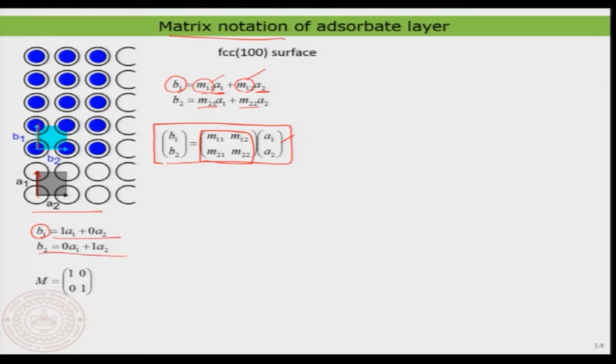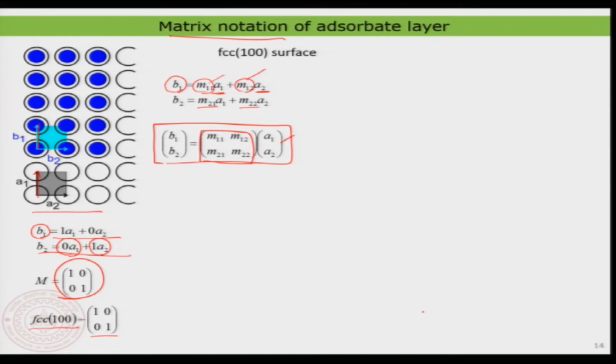And for B2, it is 0 times A1 plus 1 times A2. Now I can write down the matrix as (1 0; 0 1). So the surface can be named as FCC 100, and this is the matrix notation corresponding to this particular Adlayer.